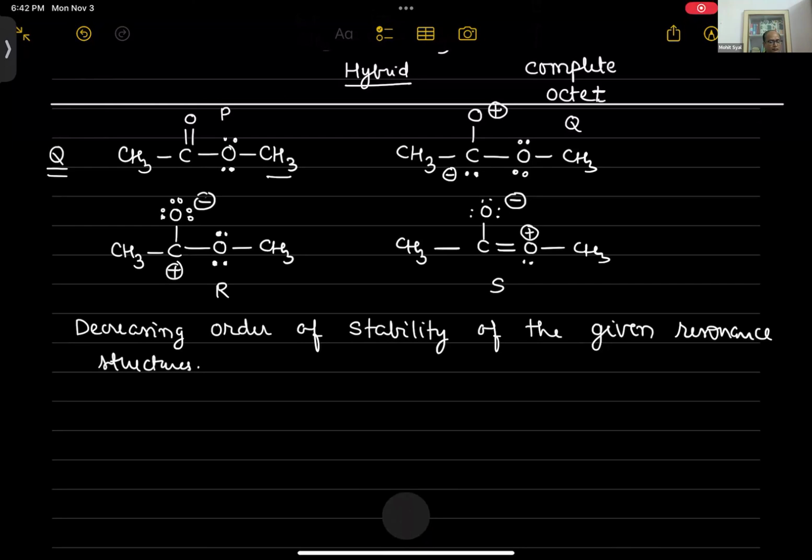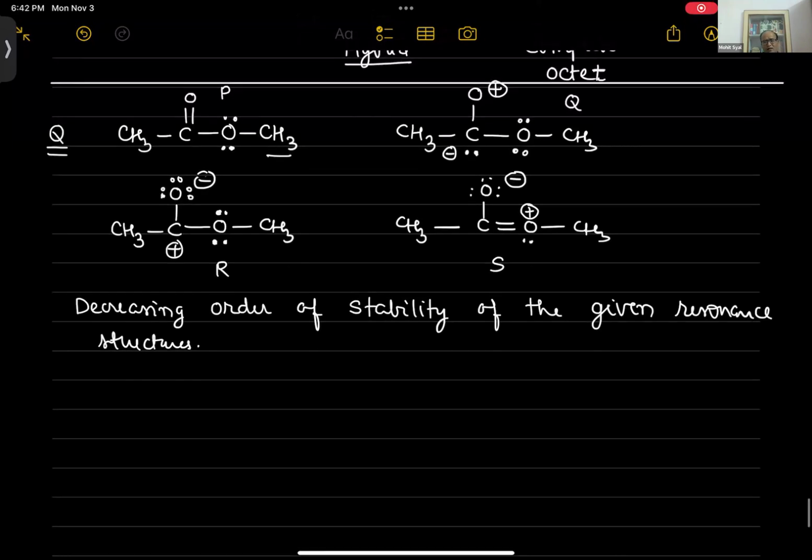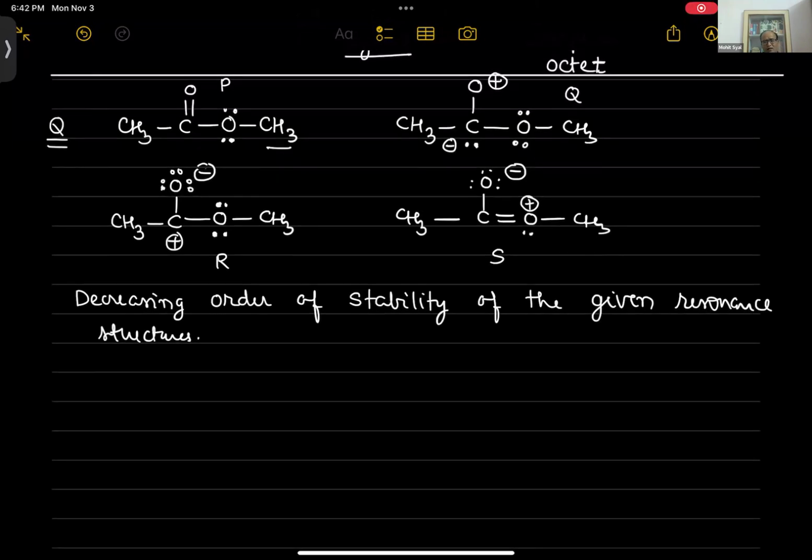The first one to be the most stable. Yes, there is no problem, no issues with it. That is normally written, right? That is the most stable, no charge. A neutral canonical structure is more stable than the charged one, right? So this is neutral, this is more stable. P is more stable. Got it?